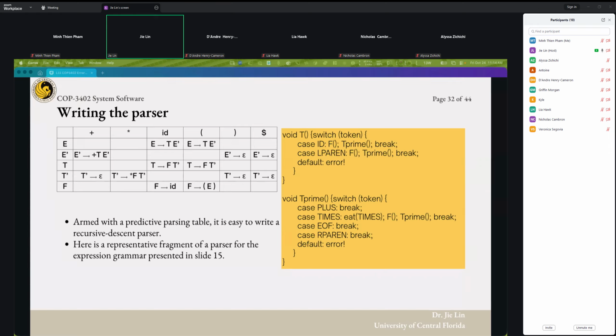Human readable. Easy to implement; human readable is easy to implement, of course. And the last one, extendable. So three: human readable, extendable, modular. Why is that?